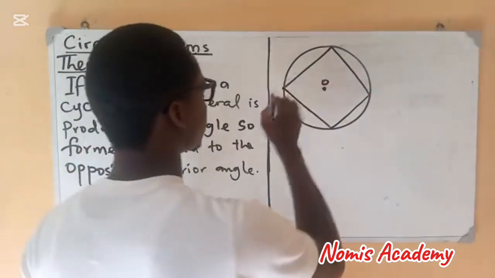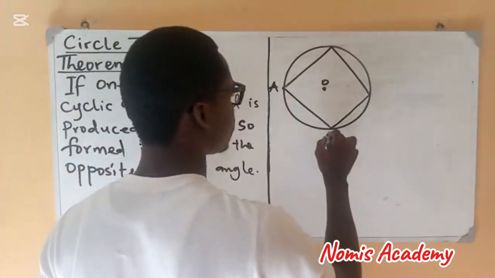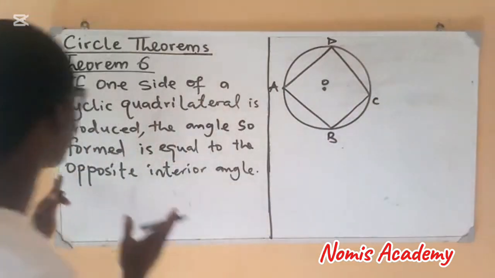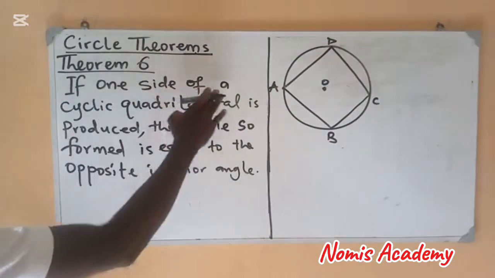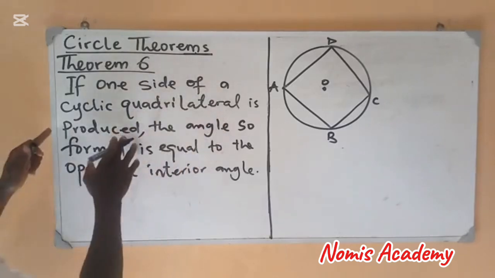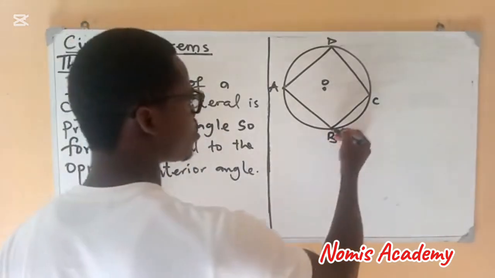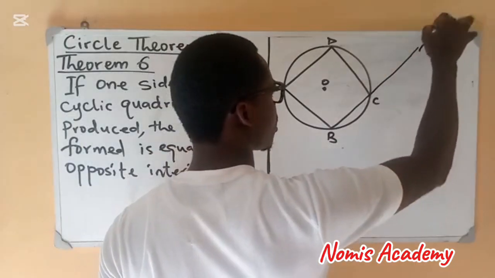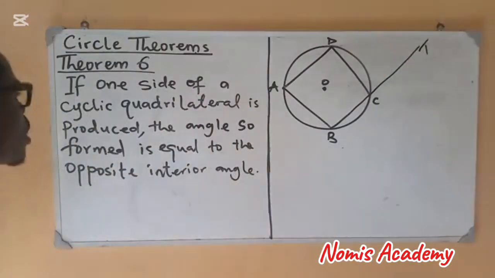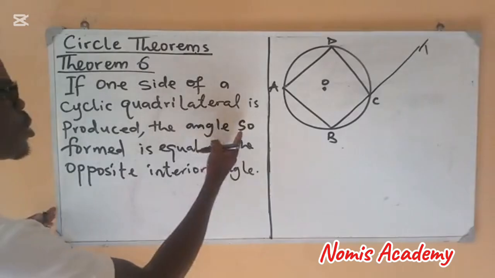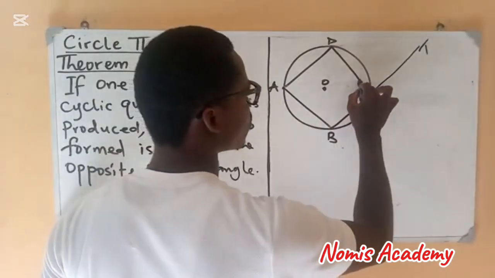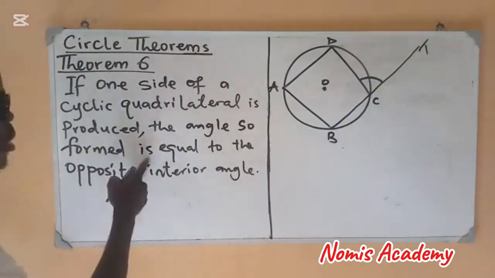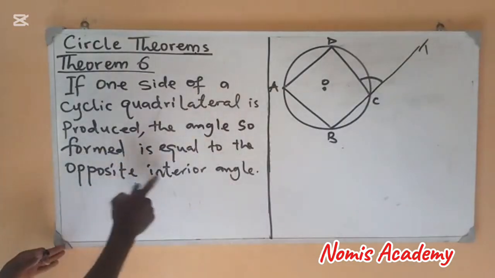Okay, and let's call this A, B, C, and D. According to the theorem, we say if one side of a cyclic quadrilateral is produced, let's take the side to be BC, is produced to T. Now we said that the angle so formed, the exterior angle formed here, is equal to the opposite interior angle.